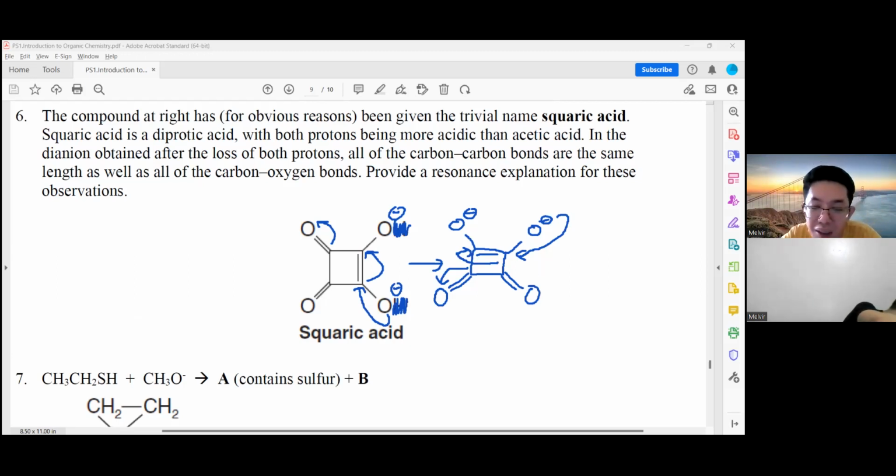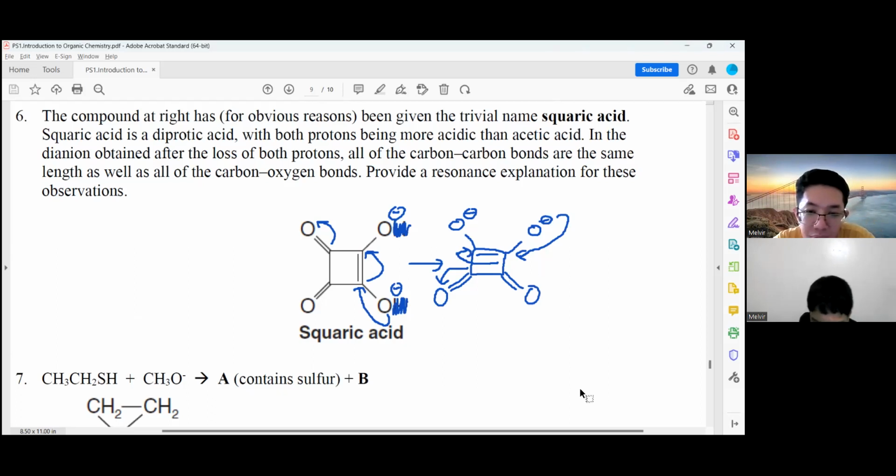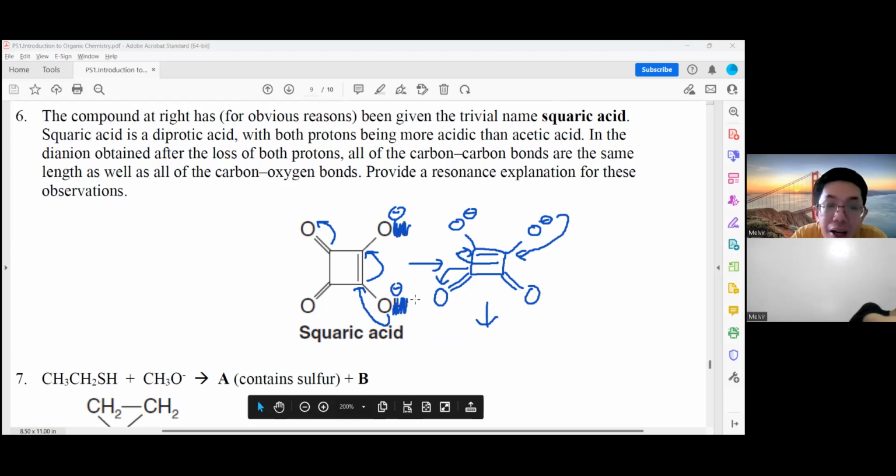So, siguro, posible po yung mga great jumps. O, dalawa pa lang yan. Pero mali yung arrow pushing mo lang. Wait lang. I-correct na kagad kita. Sa bond mo ibibigay yung lone pair. Tama naman yung ginawa mo.